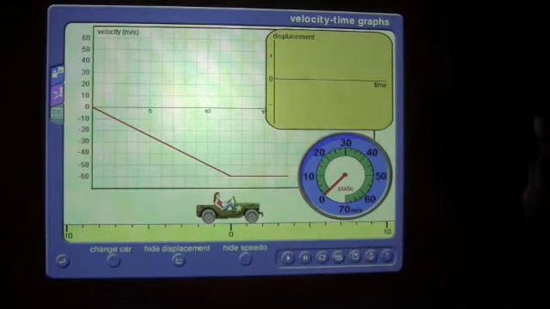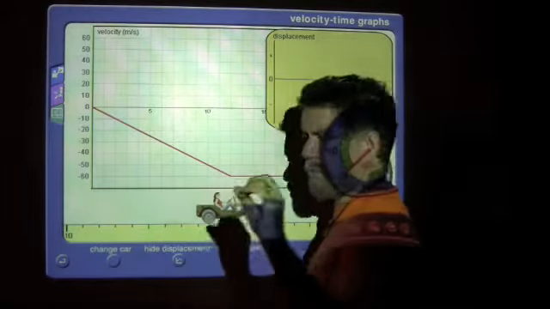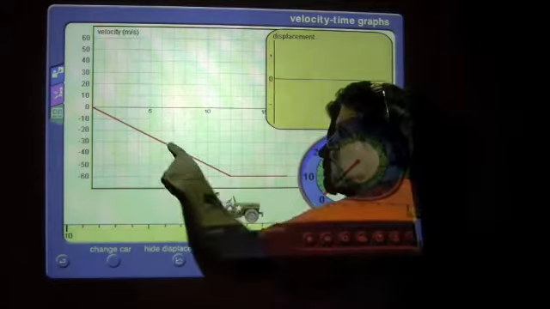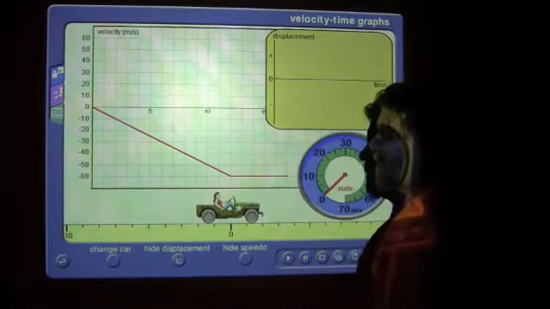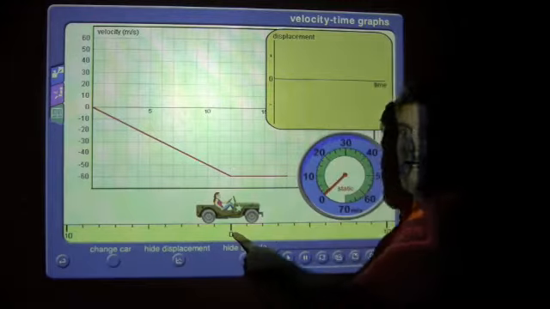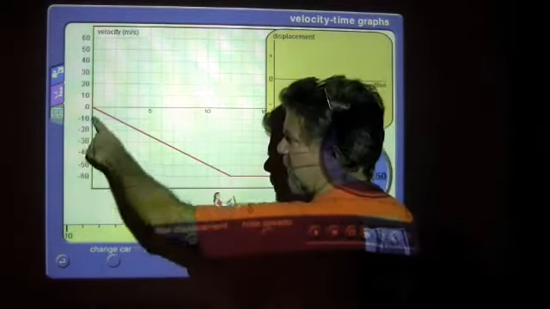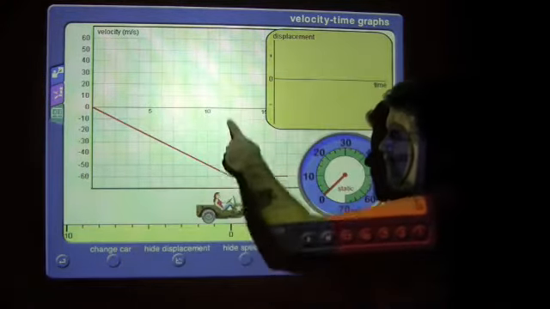All right. So I want you to do two things. I want you to push pause in a second. I want you to predict what this graph will look like, sketch this graph, and then I want you to predict where she ends up, how far away. And I know it may be hard to see, so let me describe this. She goes from 0 down to negative 60 and does that in 12 seconds.